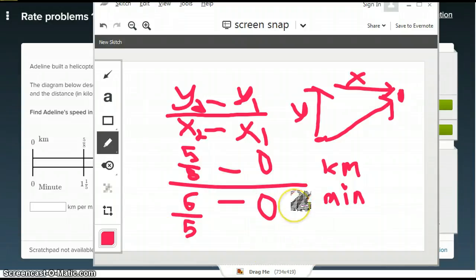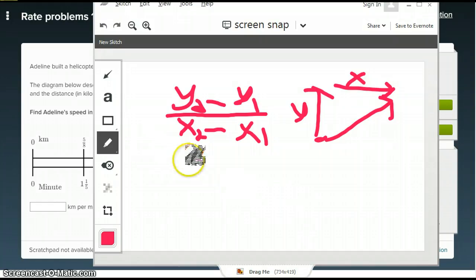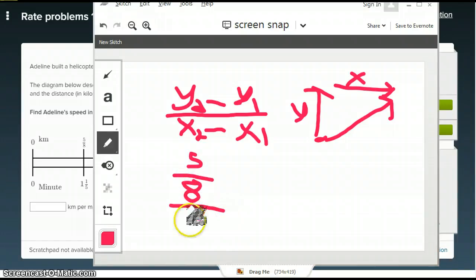So, the zeros, we can obviously make those go away. And what we're left with is 5/8 divided by 6/5. So, in order to flip this around, that looks like a big stack of weird things.